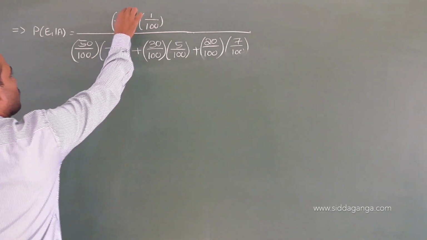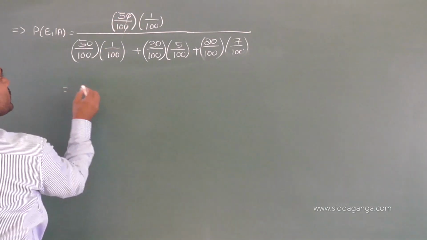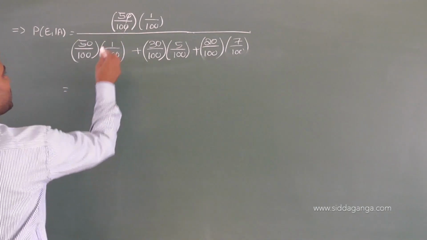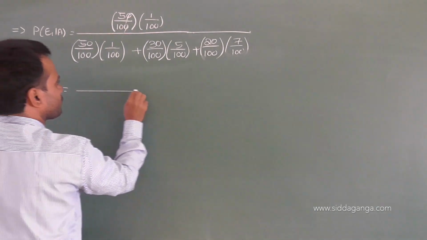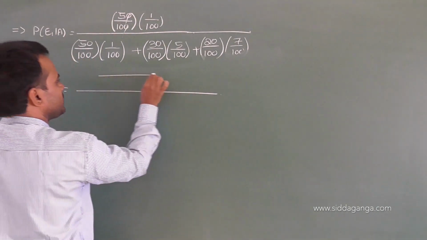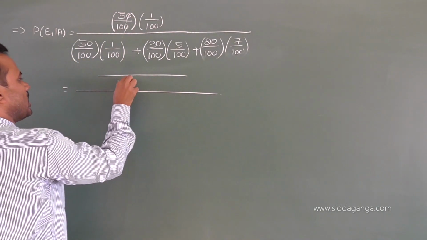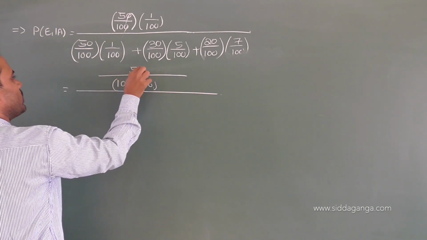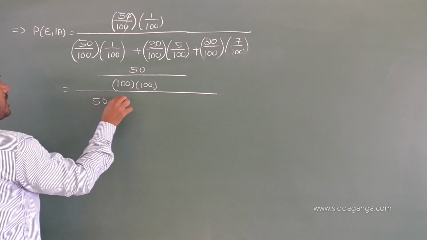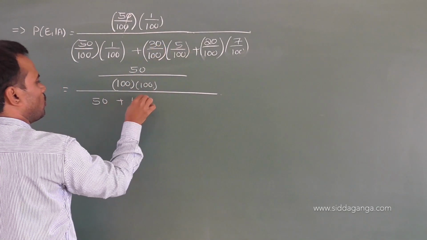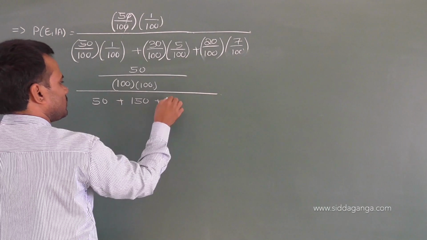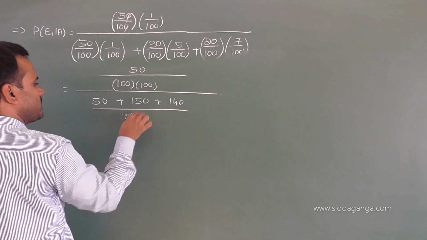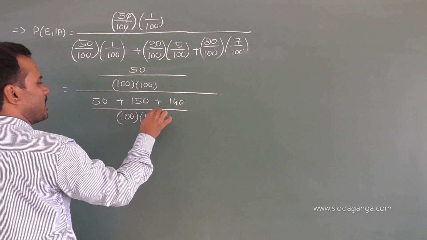Simplified, the zeros get cancelled, or else better don't cancel it. The LCM is 100 into 100: 50 plus 150 plus 140, whole divided by 100 into 100.